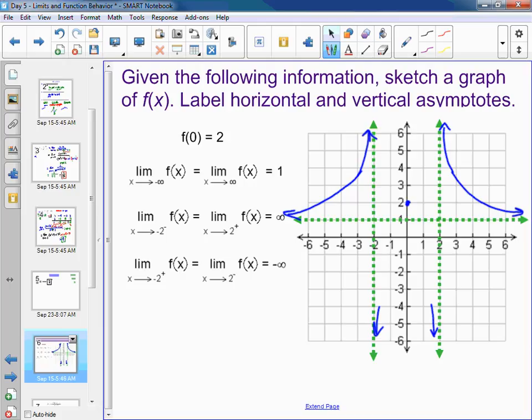And what about this middle? Well, remember, it's okay to cross the horizontal asymptote. In fact, you can cross the horizontal asymptote an infinite number of times. Such is the case with our damping harmonic function. It models the behavior of a shock absorber on a car. We go back and forth across that equilibrium point an infinite number of times, and yet each time the displacement gets less and less.